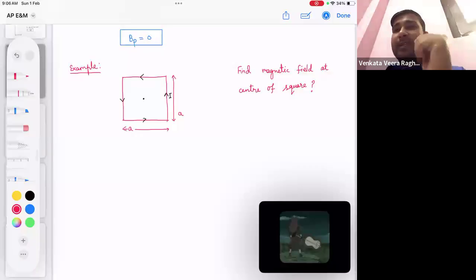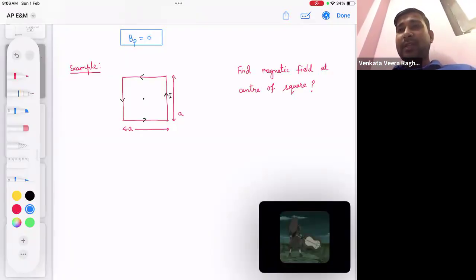Please try it and tell me how much this is coming. Just use the straight segment. What we have learned for the straight segment. Let me calculate due to this segment what the magnetic field is. So first of all, I need the perpendicular distance. So the perpendicular distance will become A by 2.